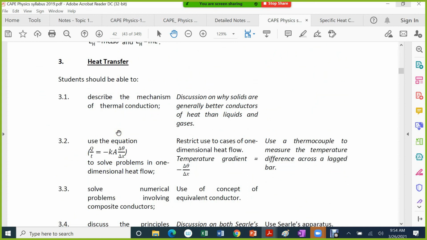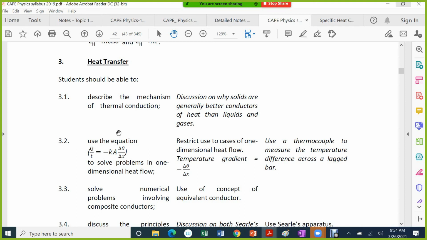Now, this is where we're going to go next. We're going to go into what we call heat transfer, right? And that is going to give us more information about conduction, convection, and radiation, because we know those are the main methods of heat transfer.